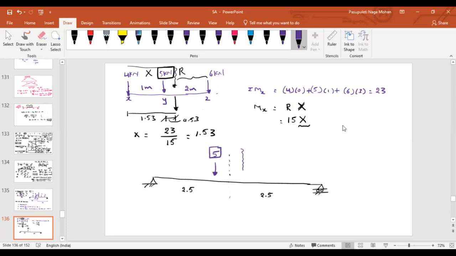And what is the resultant? Resultant load is somewhere here. What is the distance between them, 5 kilonewton to the R? 0.53. Half of that is how much? 0.265.